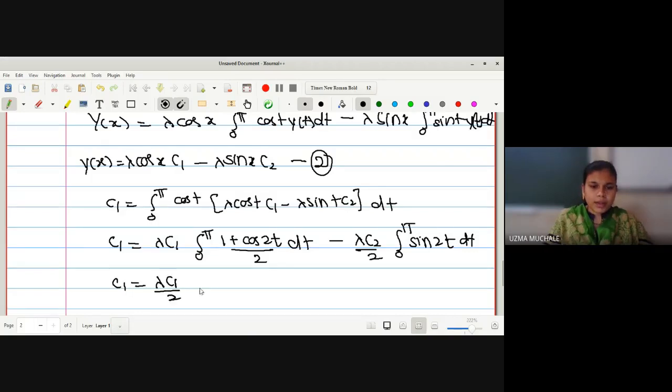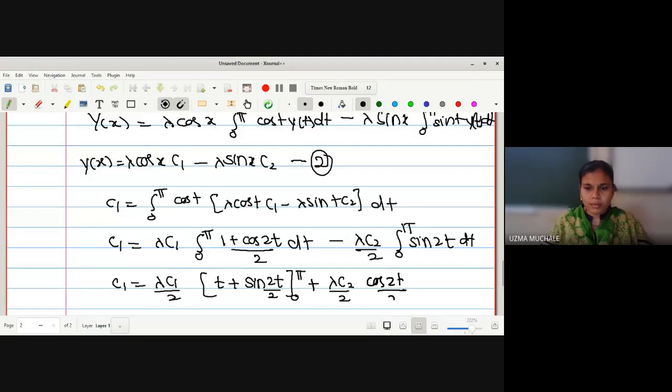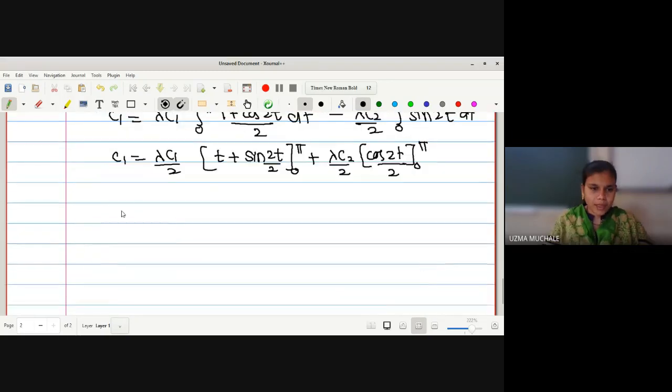Lambda C1 divided by 2, integration of 1 is t, integration of cos 2t is sine 2t divided by 2, minus lambda C2 divided by 2, integration of sine is minus cos of 2t divided by 2 within the limit 0 to pi.